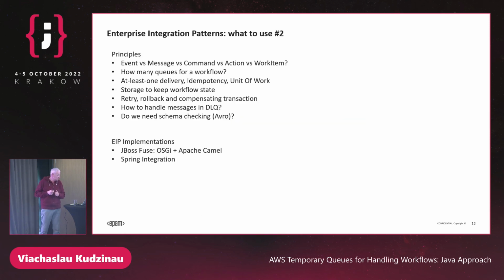So the next thing is about some additional concerns and principles to follow when we start talking about workflows. First of all, which naming to use? Should I use event, message, command, action, or work item? You have a whole dictionary and whole buzzwords you see through your career.